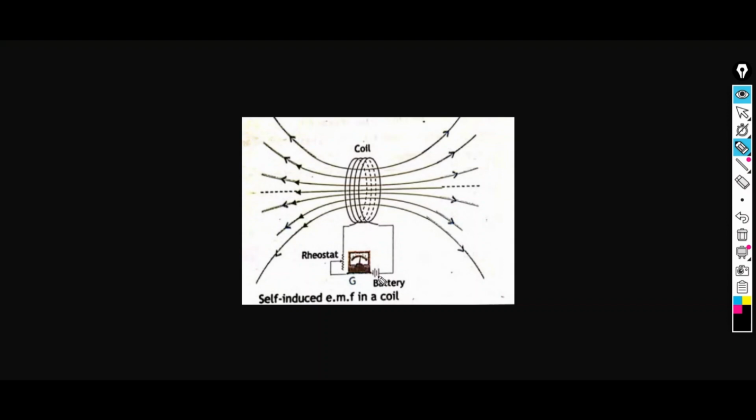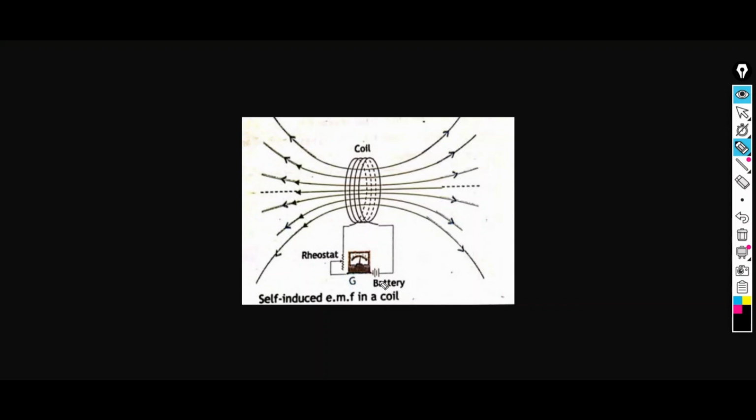Okay, so if we provide the battery to this coil, battery is actually a DC, one side of this coil will behave as a solenoid. One side of this solenoid will be the north, and the other side of this solenoid will be the south.